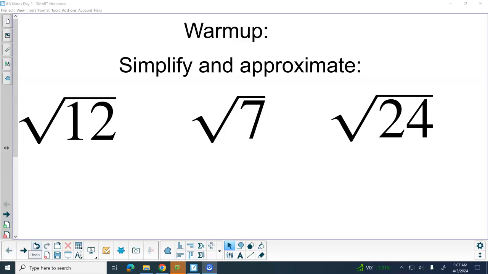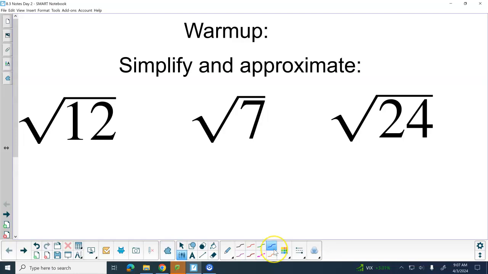Okay? All right. So simplify and approximate is what we're talking about here. The simplifying would be like, how can I, I don't want to say reduce. Reduce is kind of not right with this, but I want you to simplify it. You know what I mean?